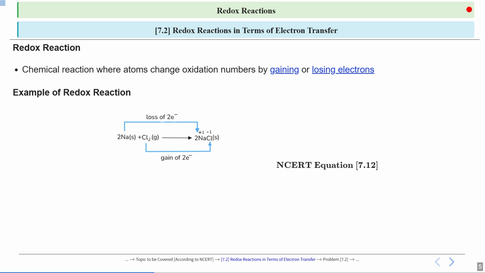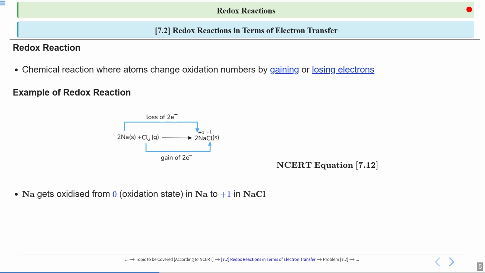So we have concluded that in this reaction also there is loss and gain of two electrons, which resulted in the change in oxidation number of Na and Cl respectively.